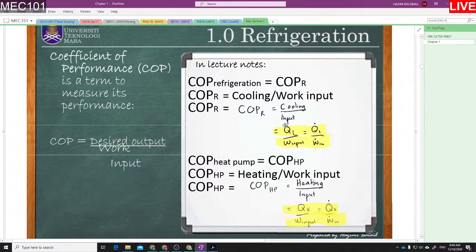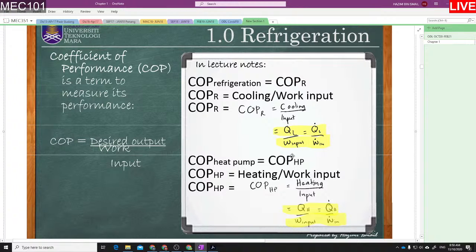And QL is the heat the refrigerator transferred from the refrigerator into your surrounding. If you put your hand at the back of the refrigerator, you will feel hot air, because heat is transferred from the space inside the refrigerator to the surrounding, which is your kitchen area.